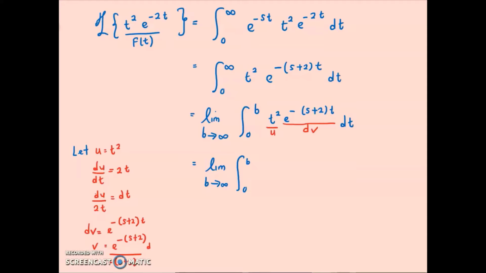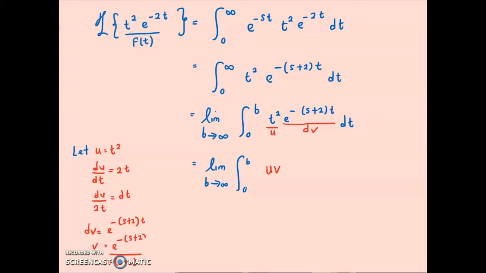Okay, so don't worry about plus c or anything. We're going to use that later on. So what we want to do here is substitute our definition. So that will give you uv minus the integral of v du.